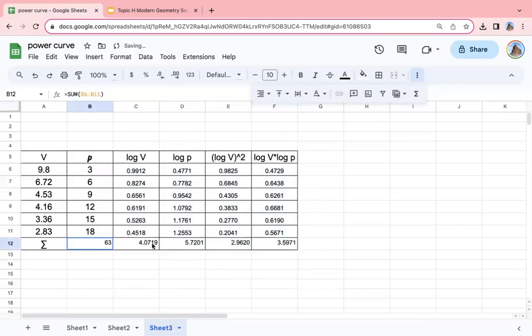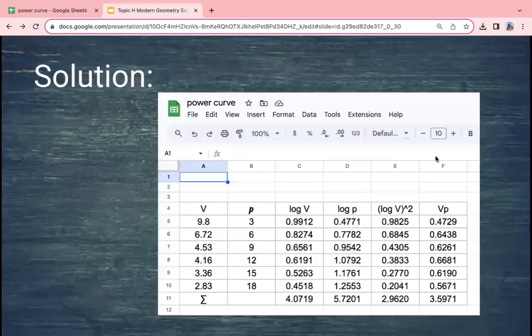Now we have our values right away. In just 2 to 3 minutes, you're done with the values. All right, let's go back to the PowerPoint presentation. That's how I got the values for this problem.